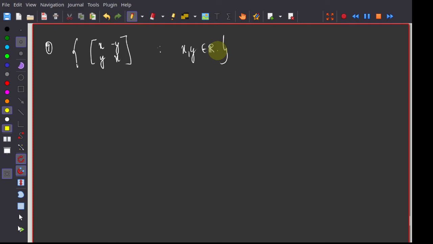Okay. You have to check. Associativity is not really hard because after all you're doing matrix multiplication, so matrix multiplication is in general associative. But everything else from commutativity to identity, inverse, even closure, you have to verify.